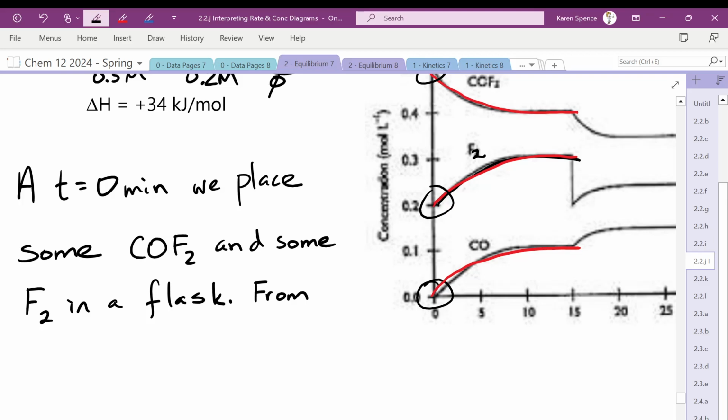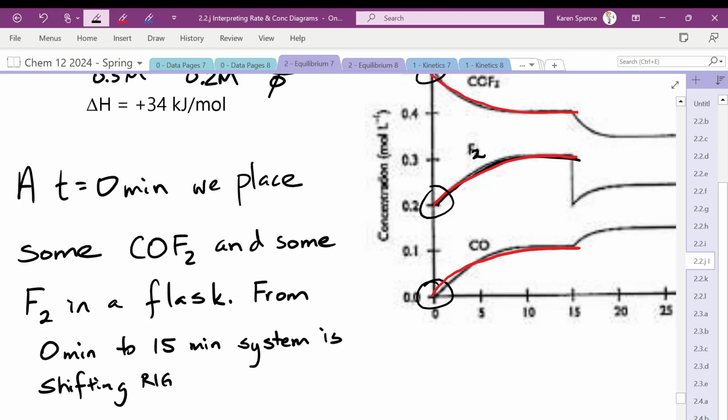From 0 minutes to 15 minutes, the system is shifting which way? Right. Actually, I lied. From 0 minutes to 10 minutes, it's shifting right.